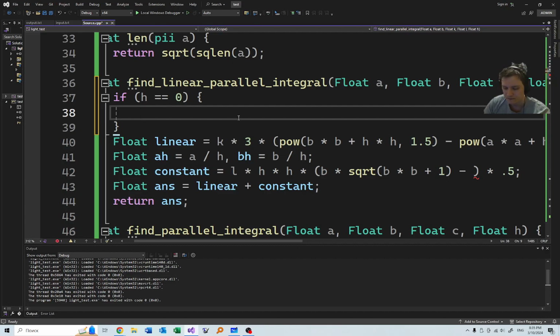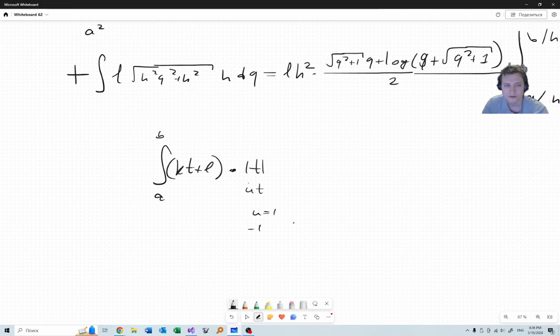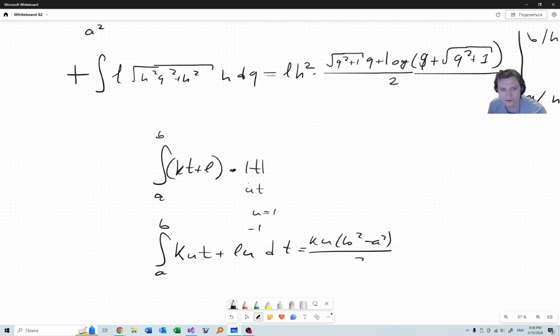So it is like ut where u is 1 or minus 1. Yes, so u equals a plus b over 2 greater than 0, 1 or minus 1. So this is float u. And then we have kut plus lu from a to b. So this is ku times b squared minus a squared over 2 plus lu times b minus a.